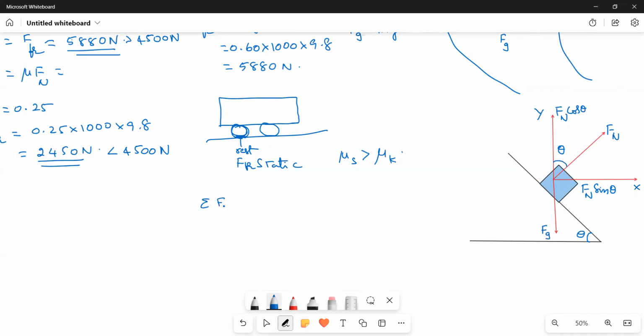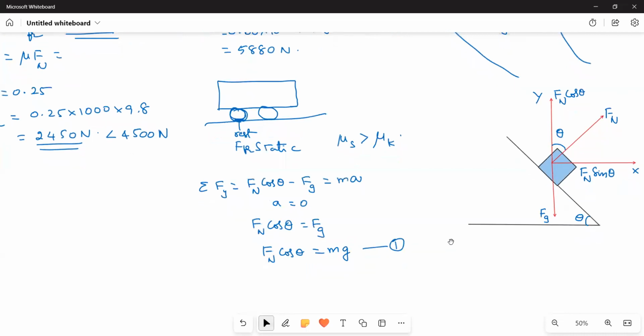Sigma Fy is equal to Fn cos theta minus Fg is equal to Ma. The car is not traveling along the y direction, so a is equal to 0. Therefore, Fn cos theta is equal to Fg, and Fg is equal to mg. Therefore, Fn cos theta is equal to mg. Let this be equation 1.